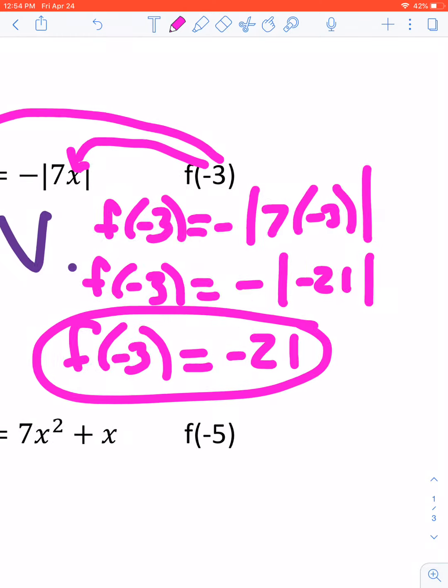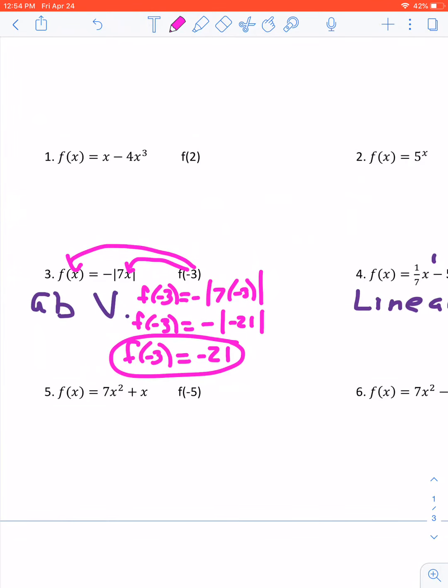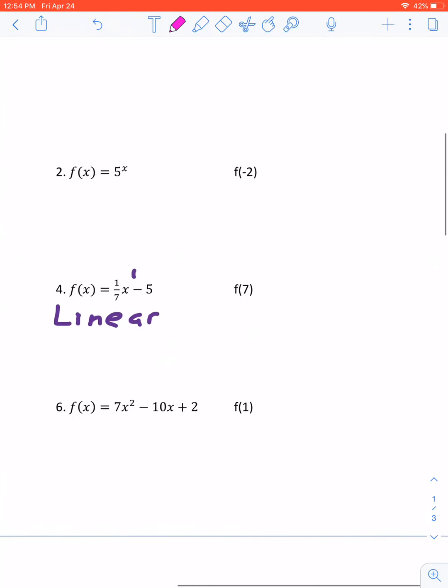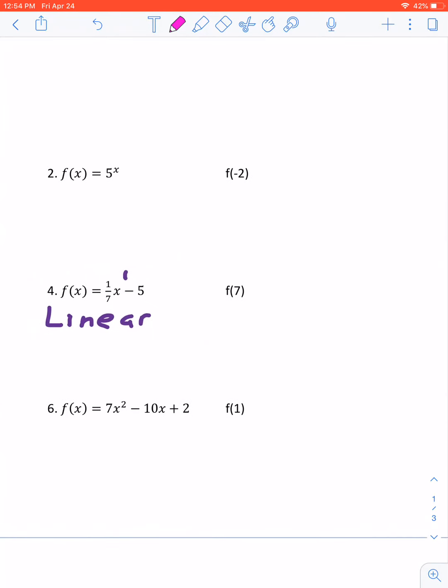So really all that's telling you is you take that number next to the f, plug it into the x in both equations, and solve it. So let's do the same thing here on number 4. They're saying f of 7, so I'm going to take this 7 and plug it in for x. So I'm left with f of 7 equals 1/7 times 7 minus 5.